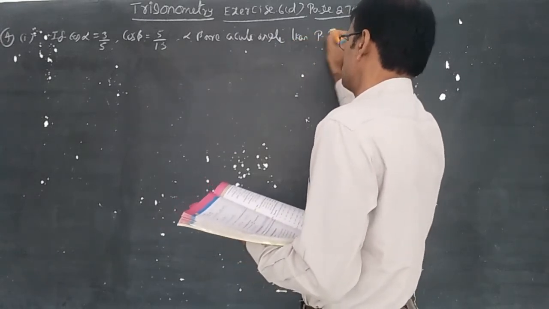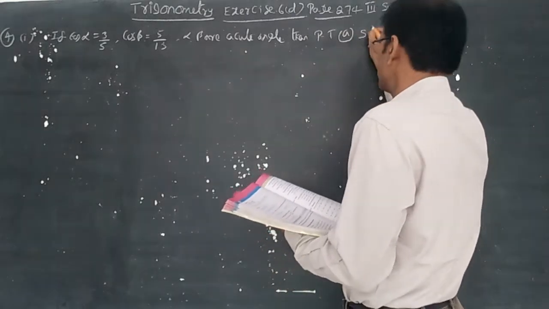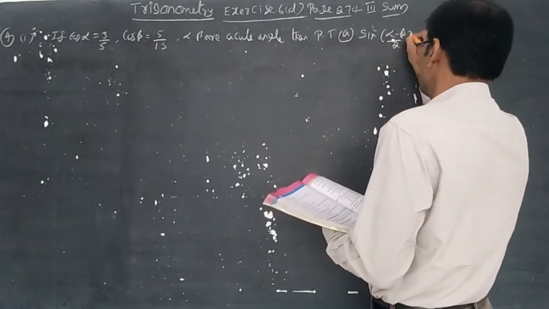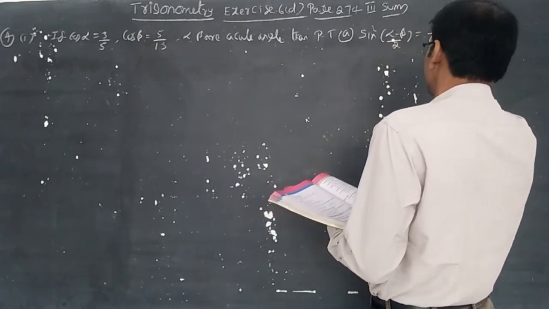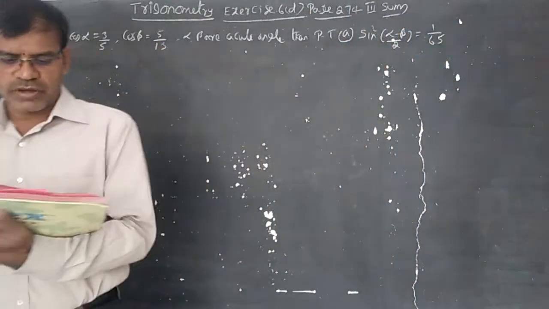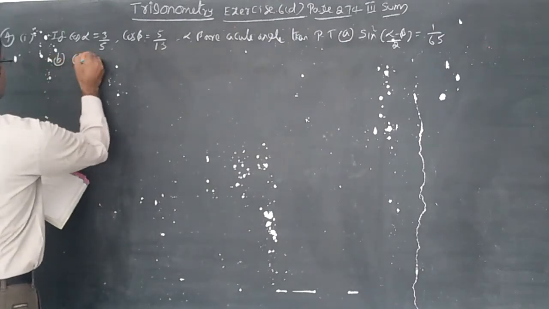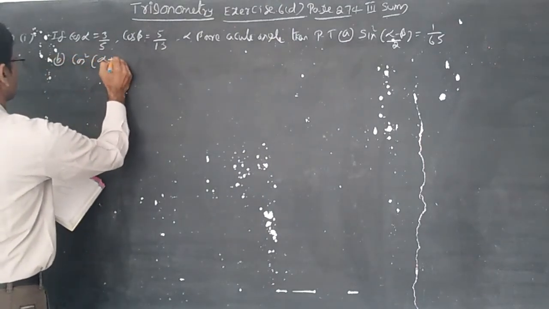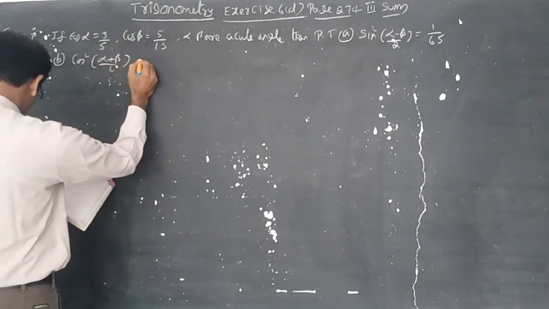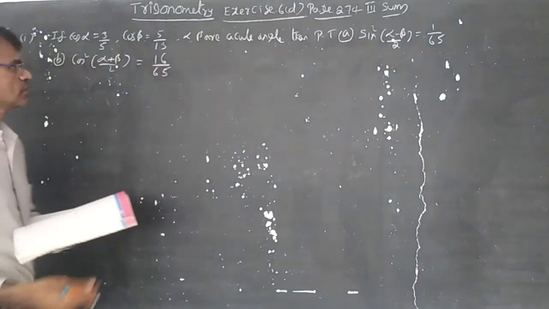Then prove that first, sine square of (alpha minus beta) by 2 is equal to 1 by 65, and second, cos square of (alpha plus beta) by 2 is equal to 16 by 65.